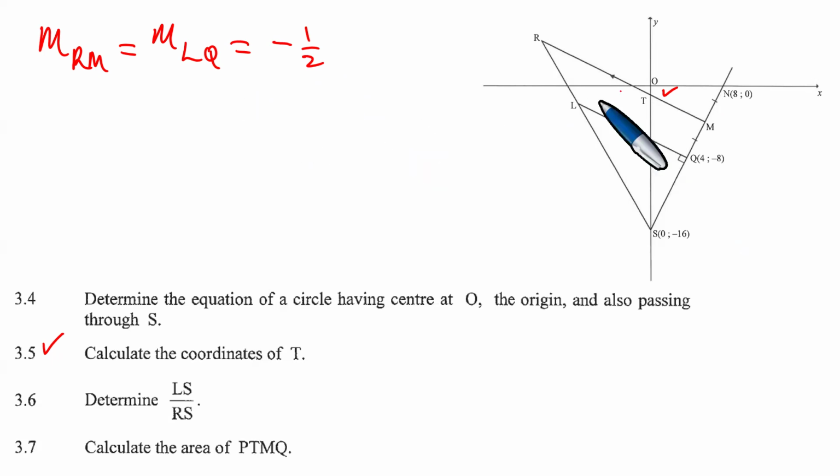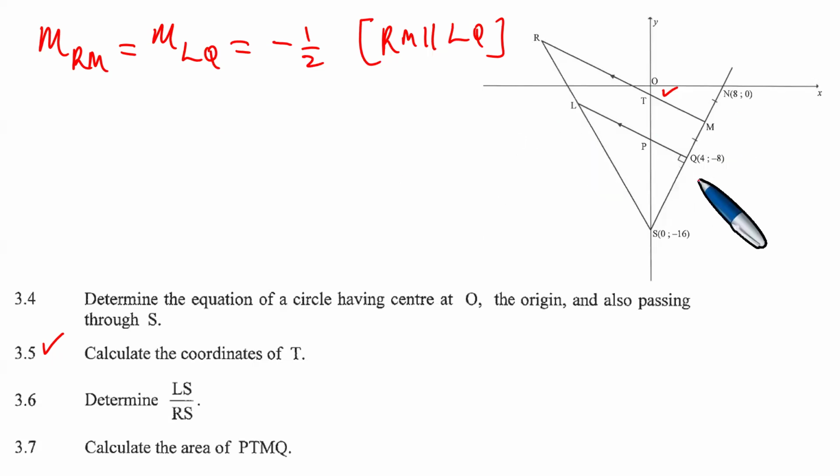These lines are parallel to each other, and parallel lines have equal gradients. Because RM and LQ are parallel, they have equal gradients.